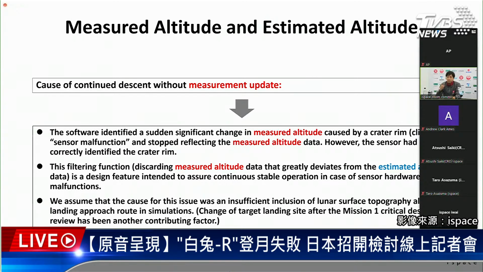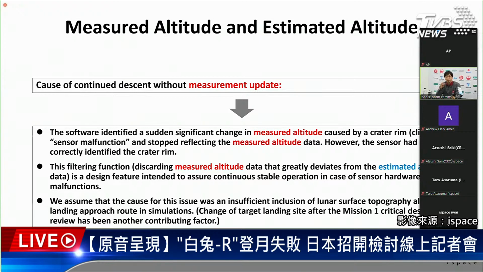The point is, the sensor seems to output correct data, because the sensor correctly captured that crater rim change. But here the important point is this filtering function.